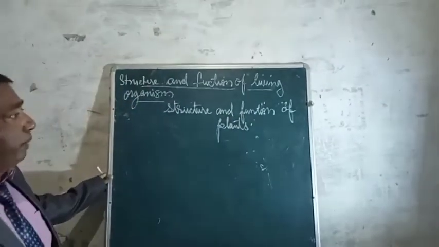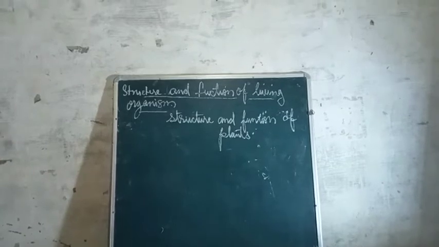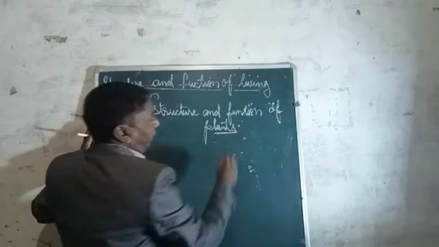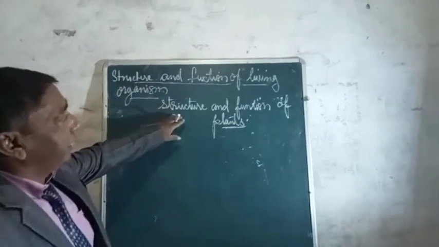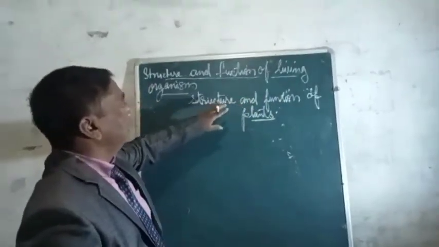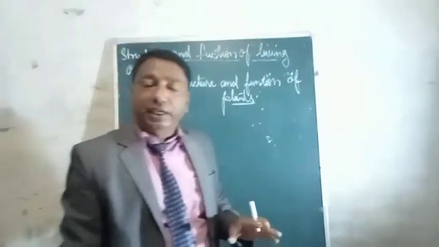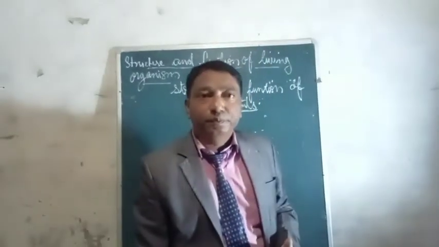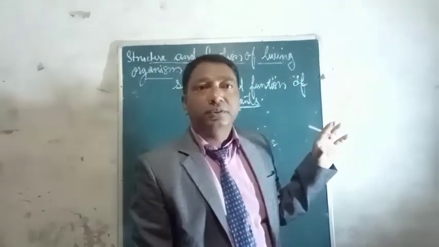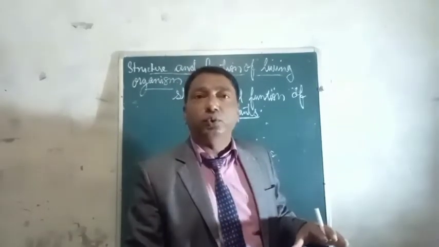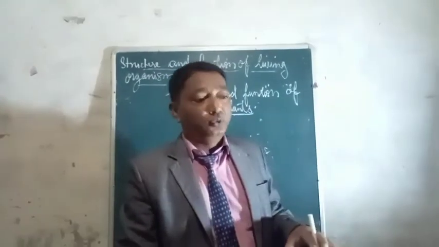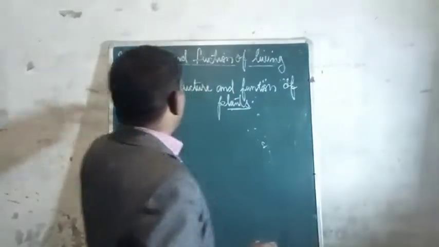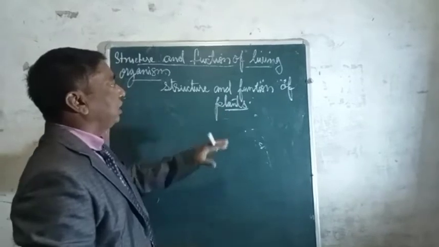Today we will keep to this point. Okay? Structure and function. I have said earlier that every organism is made up of cells, and a plant is also a living thing. Many cells join together to form the different organs of a plant. So, structure and function of plants.